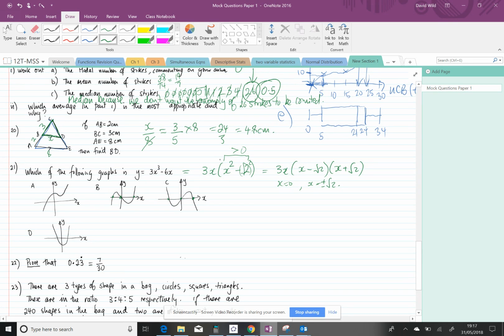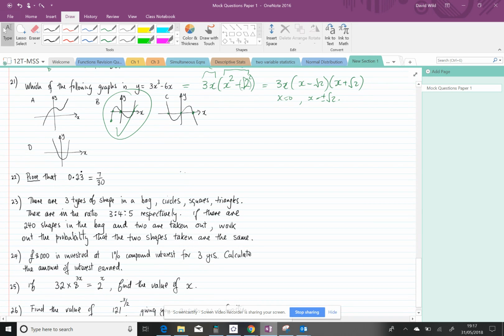And if x is large and negative, so negative squared, this is positive, this is negative, which means that if x is negative, y is going to be negative. So therefore, this point down here is x is negative, y is negative, so it must be this one. Bit of thinking to be done there.